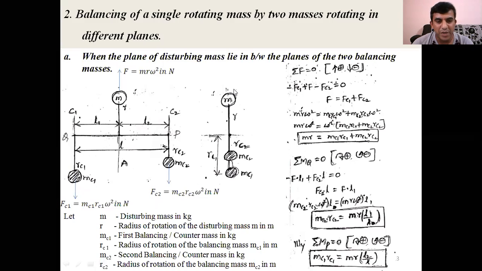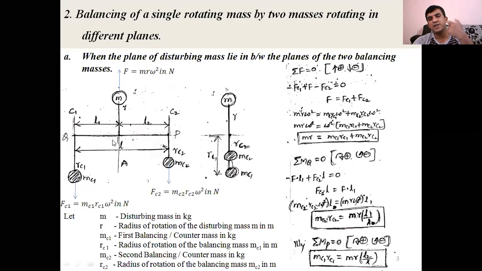Now again, how do we determine the counter masses? This type of case produces not only static unbalance but dynamic unbalance also. For dynamic balancing, first apply force balancing: the vector sum of all the forces equals 0.